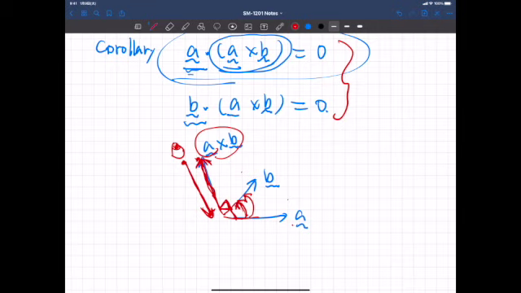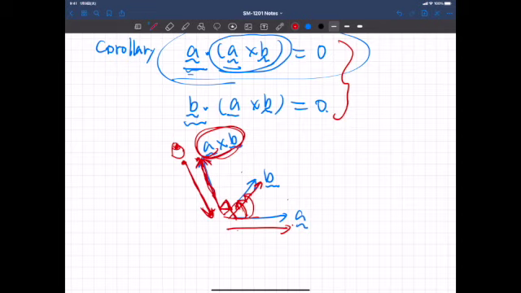This is the so-called right-handed set. If you put your right hand, point in the direction of A using your pointing finger, and point in the direction of B using your middle finger, then the direction of A cross B is the direction of your thumb, of your right hand, not left hand.